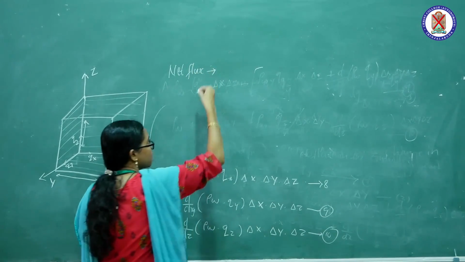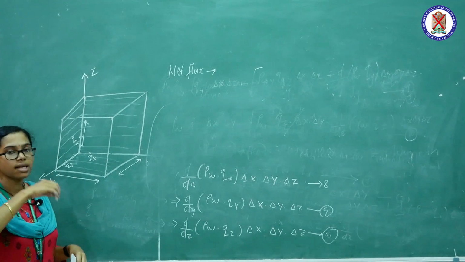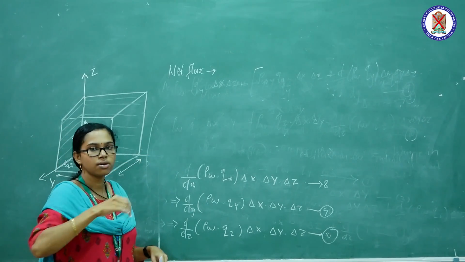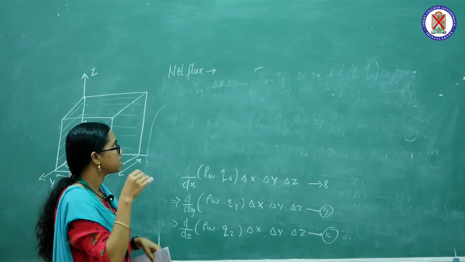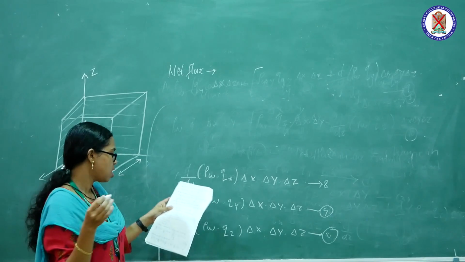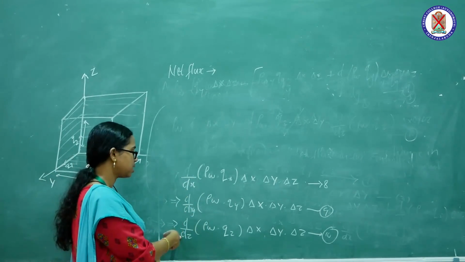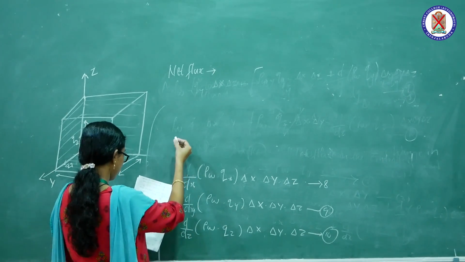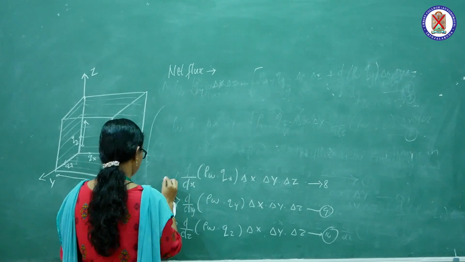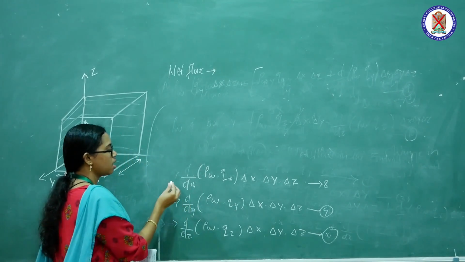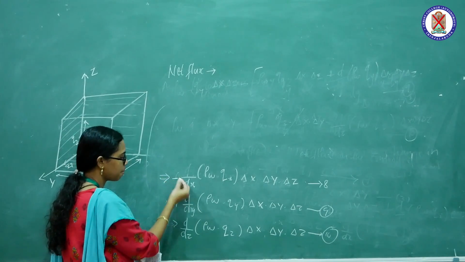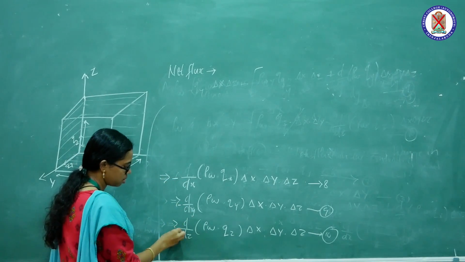So next we are moving on to the net flux equation of the controlled volume. To get the net flux equation, we will add all three equations, that is 8, 9 and 10. In this equation we have the minus sign also.